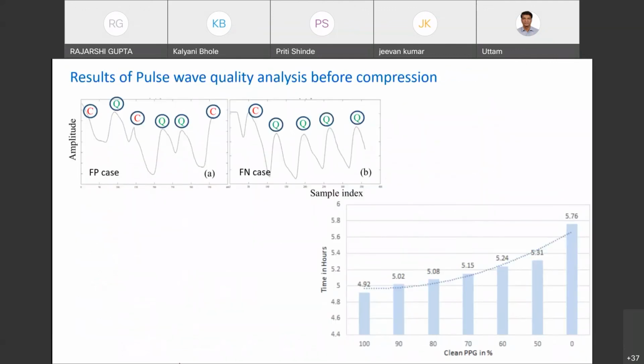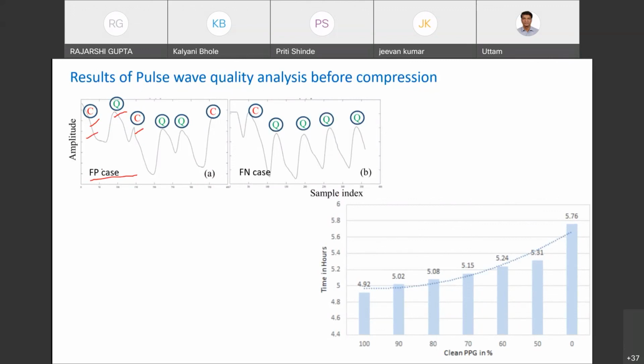What is more interesting here is that you can see that here we took 3-second data. Here this is the corrupted pulse, this is the qualified pulse, this is the corrupted pulse. This is a false positive case. That means my algorithm took it as a positive, that means a qualified segment, whereas it is not a qualified segment. That means here the corruption level is high.